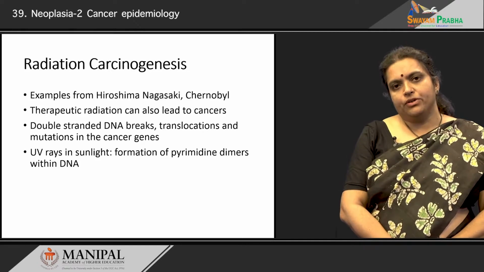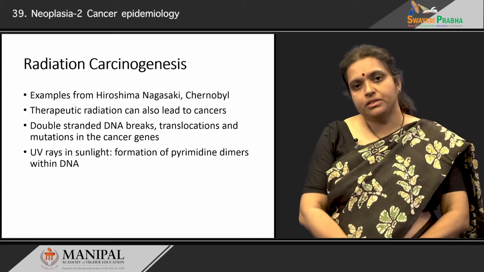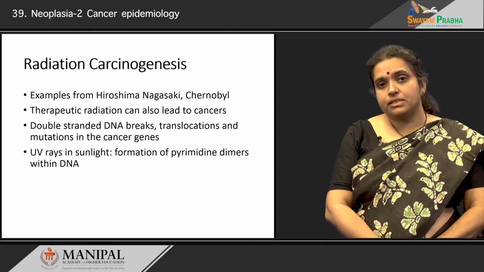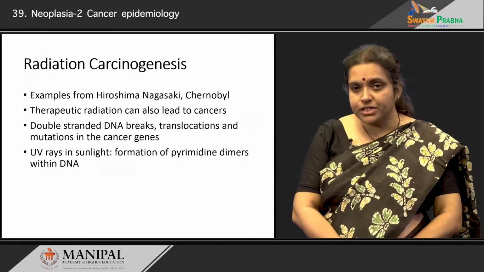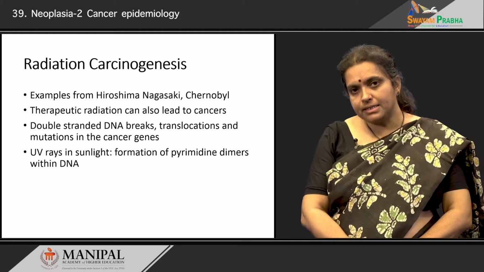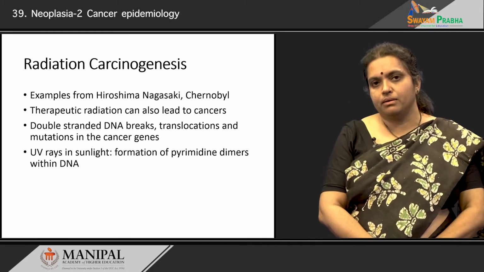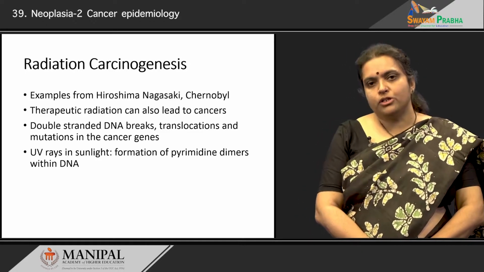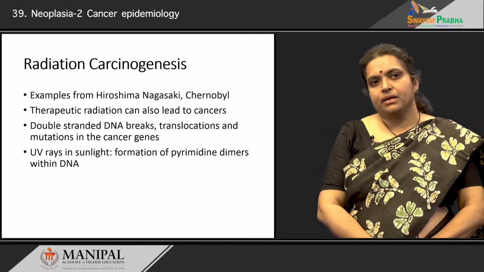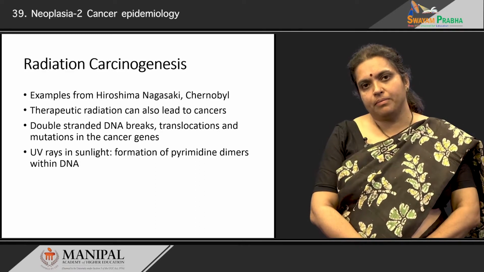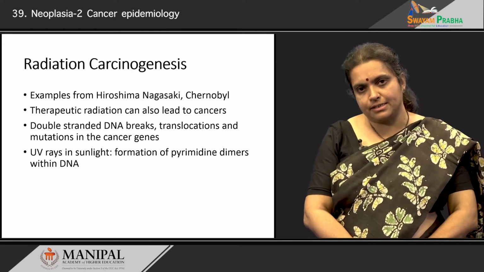And finally, we also learned a little bit about radiation induced carcinogenesis. The carcinogenesis that occurs due to infective agents, we will talk about in a later class, because it's quite a big topic in itself. We will also talk about the genetic changes that occur in cancers in our other lecture classes. Thank you.